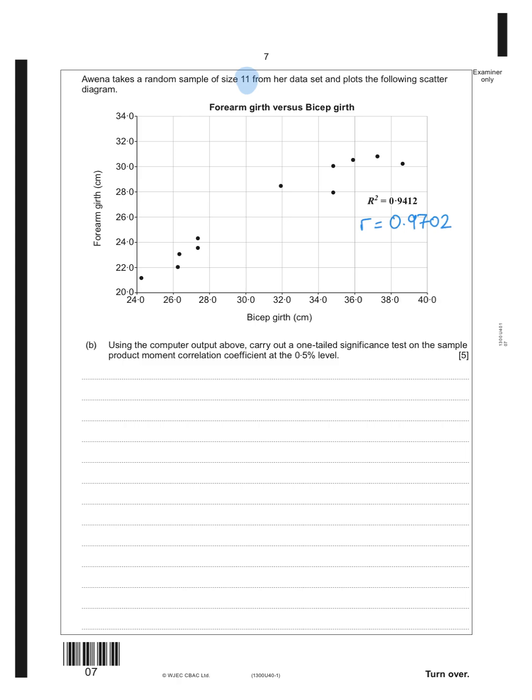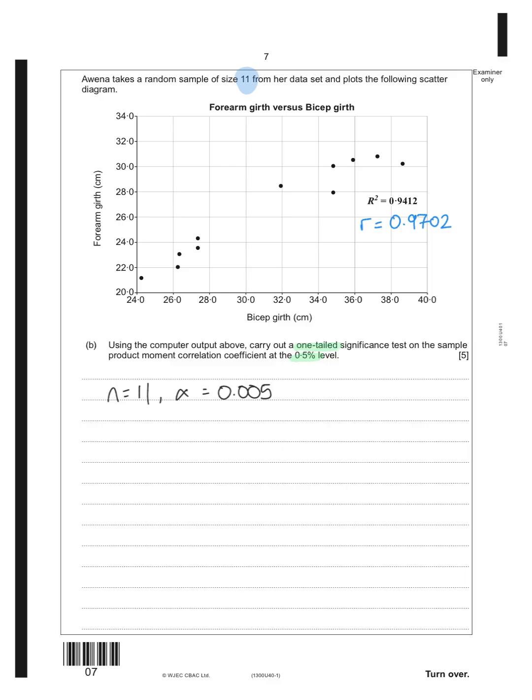Using the computer output above, carry out a one-tailed significance test at the 0.5% significance level, and we already know n is 11. So n equals 11, our significance level is 0.005, and it's one-tailed.